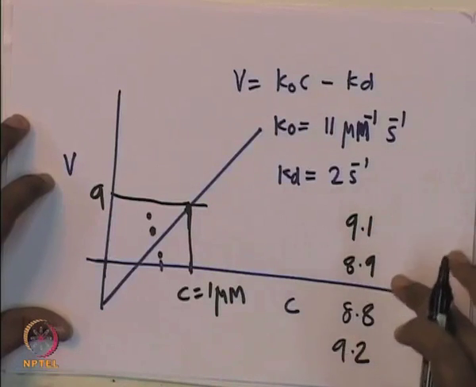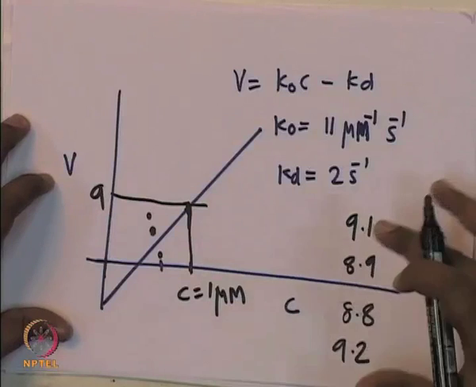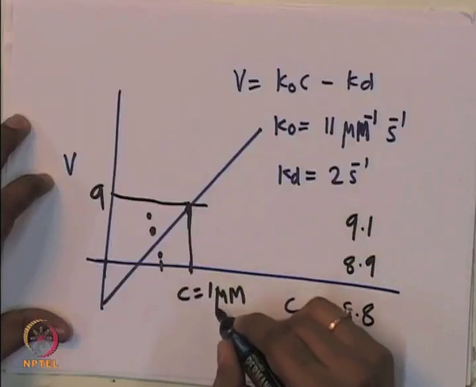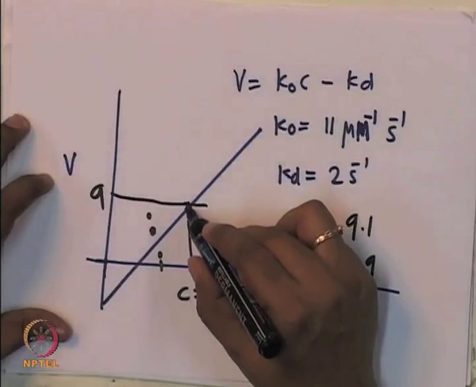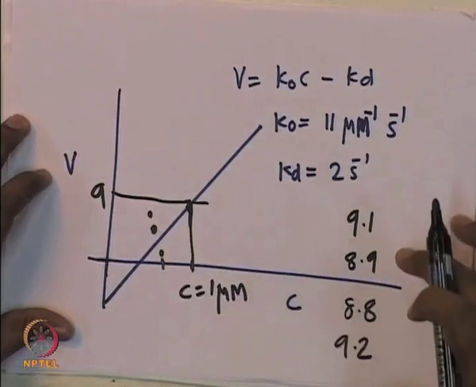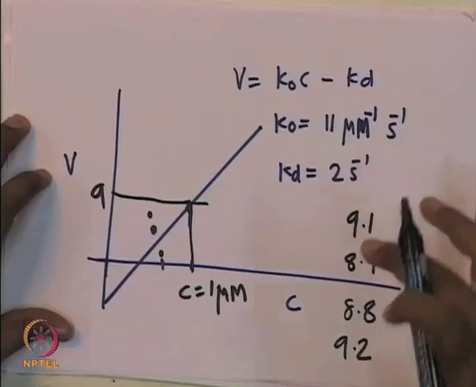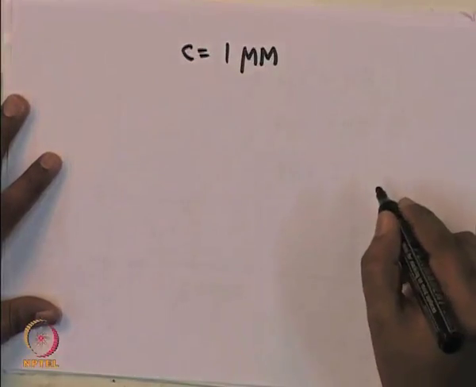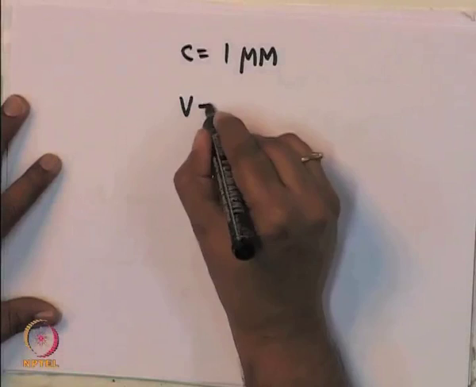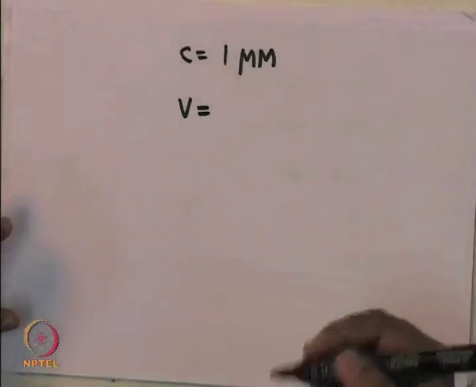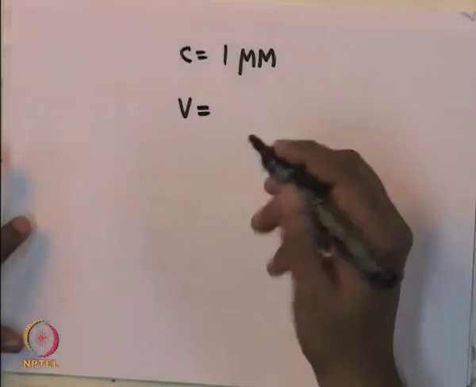If you fix the concentration as 1 micromolar and look at the growth speed of actin, you might get different values if you repeat this experiment 100 times. What are we doing? We are fixing C equal to 1 micromolar and looking at the growth speed of actin, and I do the experiment 100 times or 1000 times, each time I get some value around 9.